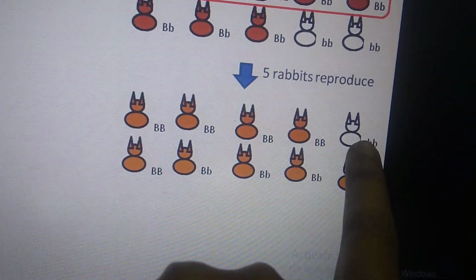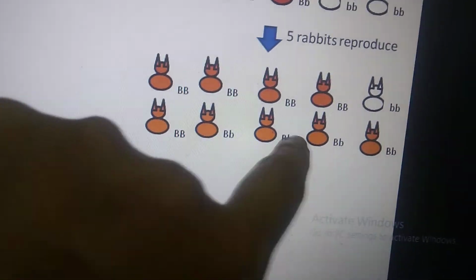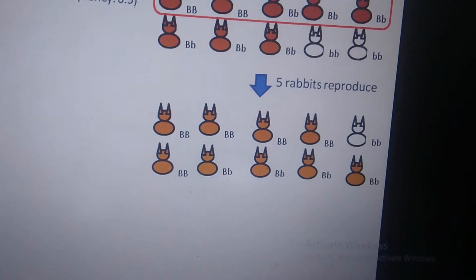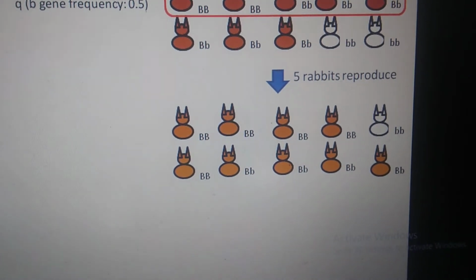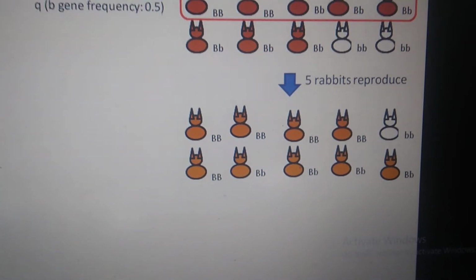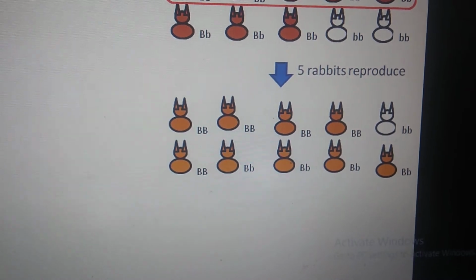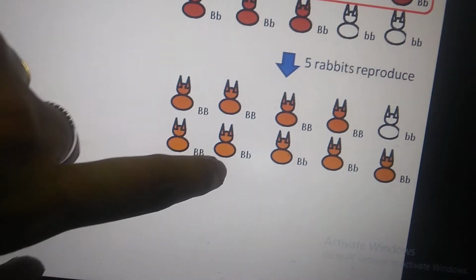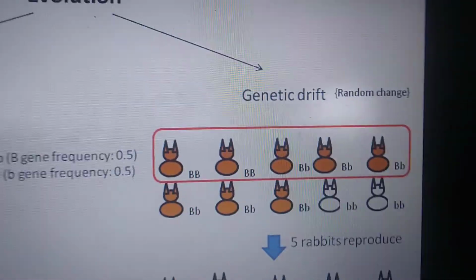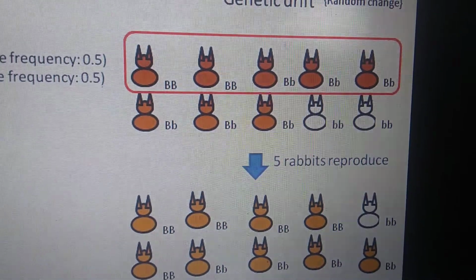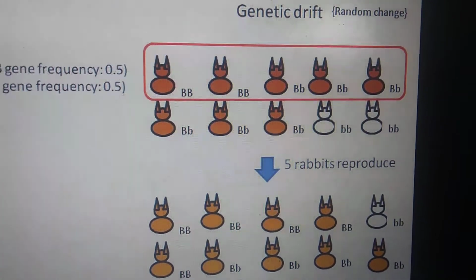Homozygous recessive is only 1, and the other 4 are heterozygous. So in the second generation, the genotypic ratio is 5:4:1, while in the first generation it was 2:6:2.